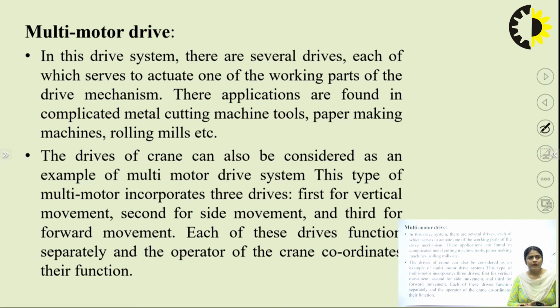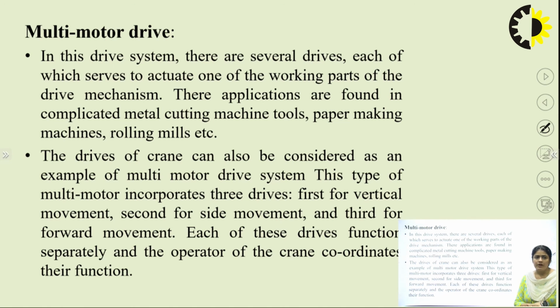In the multi-motor drive, there are several drives, each of which serves to actuate one of the working parts of the mechanism. These applications are found in complicated metal cutting machine tools, paper making machines, and rolling mills. The drive of a crane can also be considered an example of a multi-motor drive.